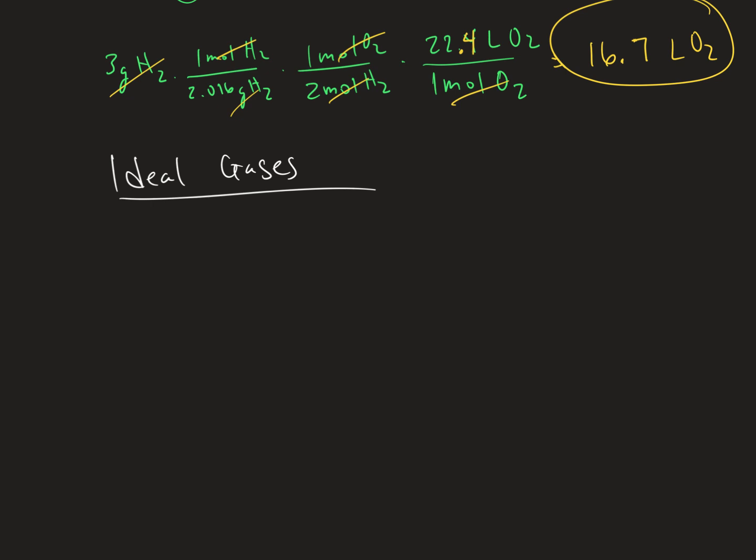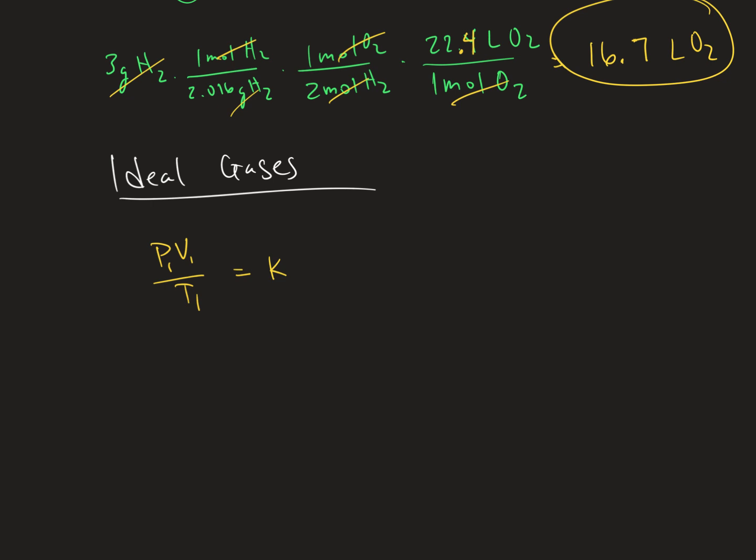So this formula puts all four of the individual gas laws together. We have P1V1 over T1 equals, well, we just say it's constant, right? That's kind of how we derived it.